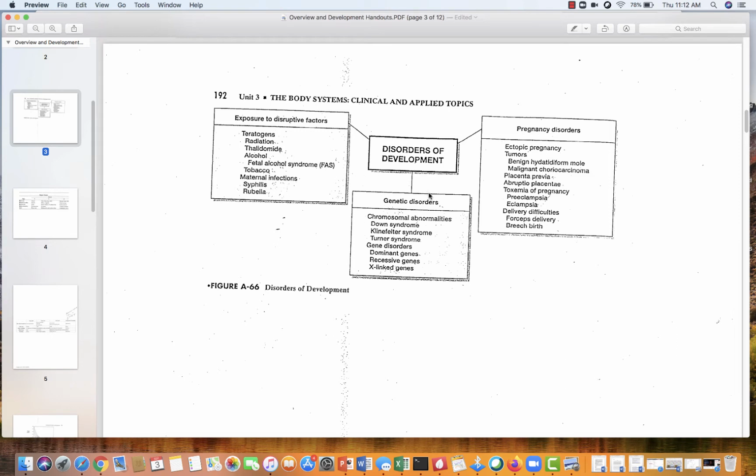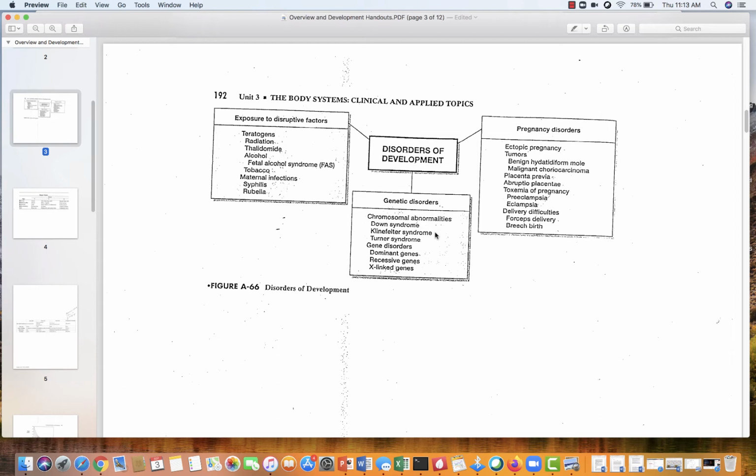Okay, next we're going to look at some genetic disorders, chromosomal abnormalities such as Down syndrome, also Klinefelter syndrome, which can develop in males. Normally, males have an X and Y chromosome. However, in individuals with Klinefelter syndrome, they have an additional X chromosome. Okay, so that would be XXY.